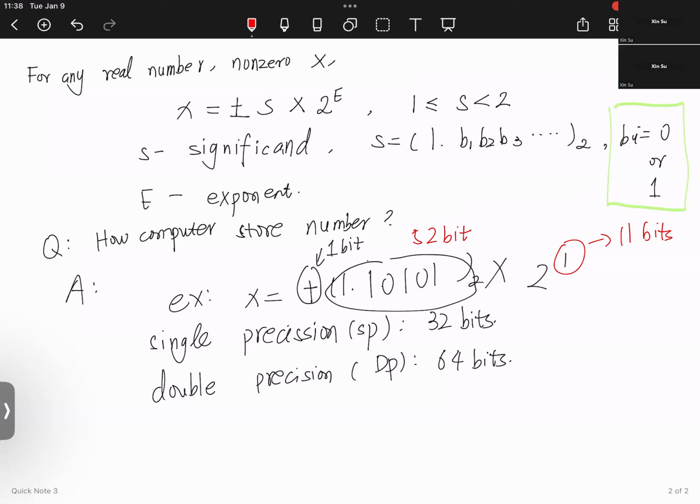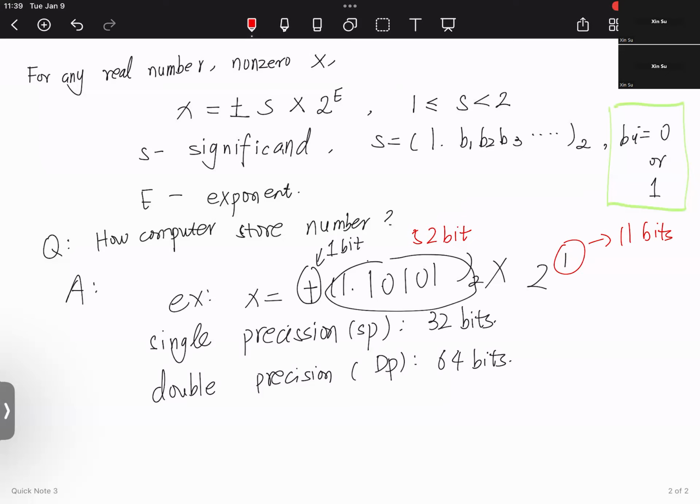So let's take a look at how many finite numbers we can represent with this computer, because we already know this is double precision, with 1 bit for the sign, 52 bits for the significand, and 11 bits for the exponent.